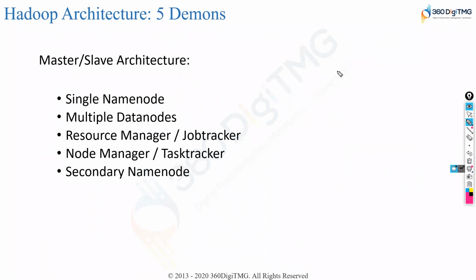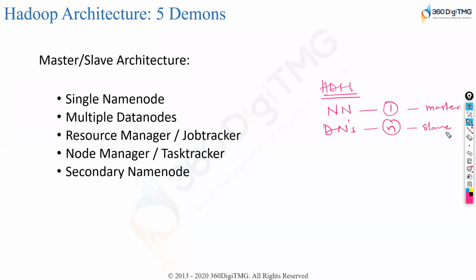And whenever we talk about HDFS, remember, HDFS is the storage component, and here we have name node, and always you will have one name node, and this is the master. Then we will have data nodes. There will be multiple data nodes, maybe n number of data nodes, and these are the slave components, right?